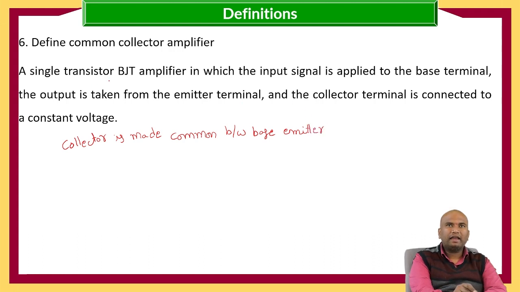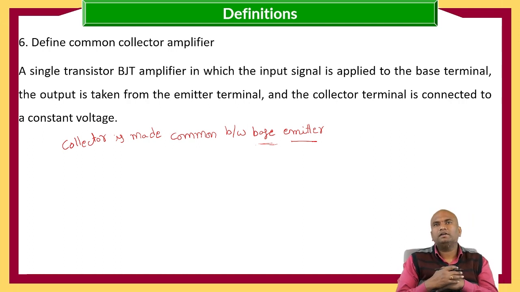It is a single transistor BJT amplifier in which the input signal is applied to the base terminal, and the output is taken from the emitter terminal. Here base gives the input and emitter gives the output, and the collector terminal is connected to a constant voltage, that is, it is common between both base and emitter.